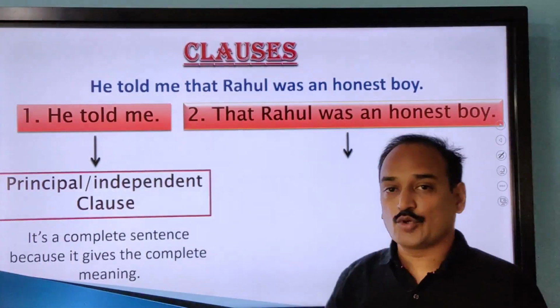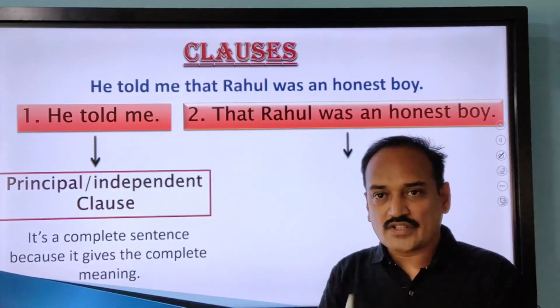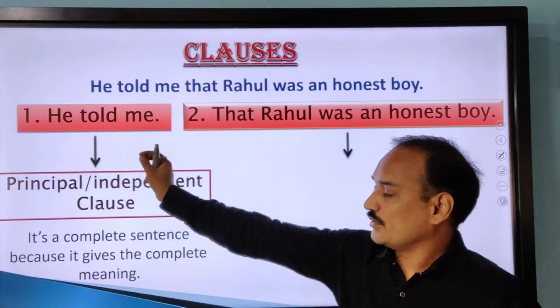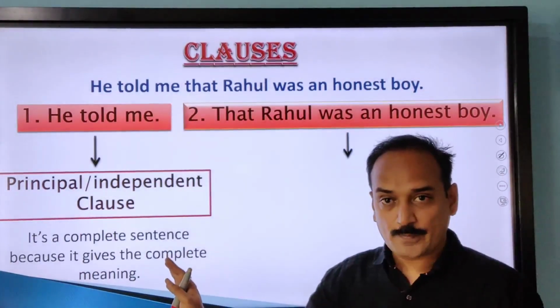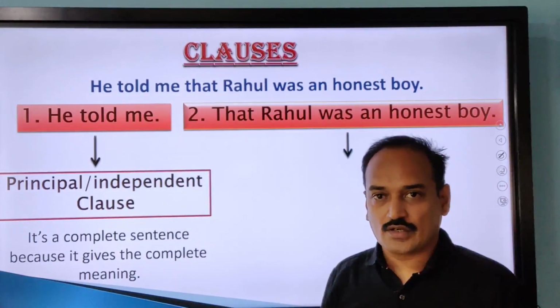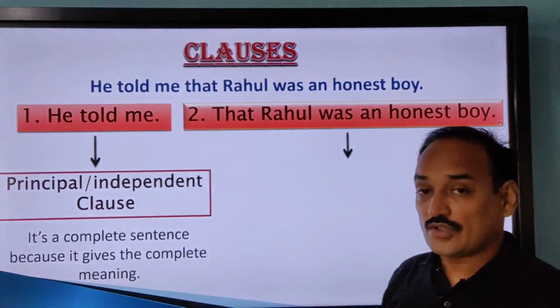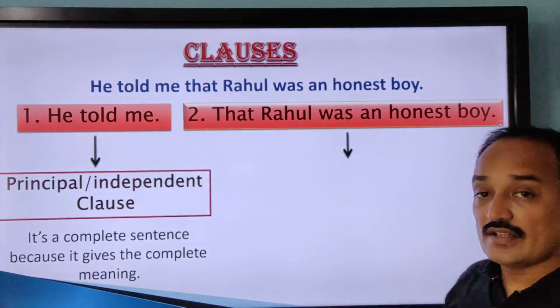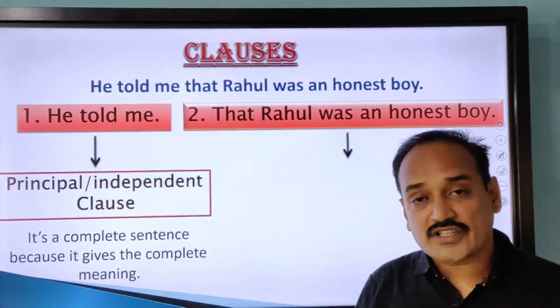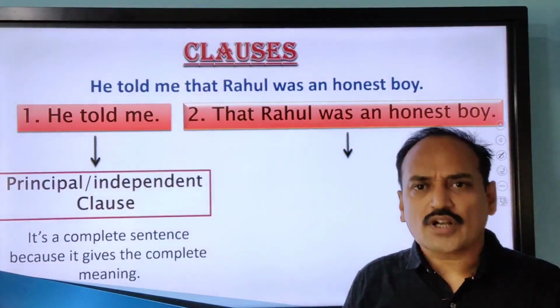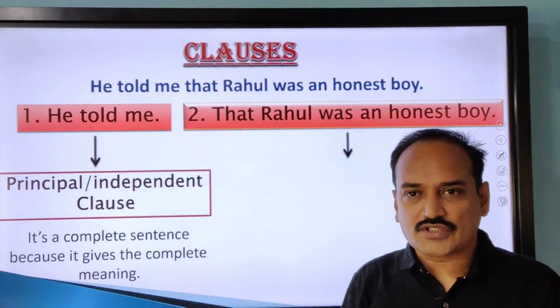In the given sentence, suppose I say just one line, that he told me, you can understand what I am trying to say. But suppose I say only the second one, that Rahul was an honest boy, what about that? The meaning is not that much clear, or not at all clear.